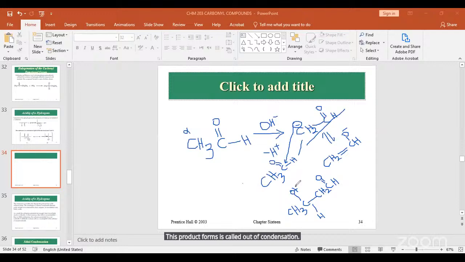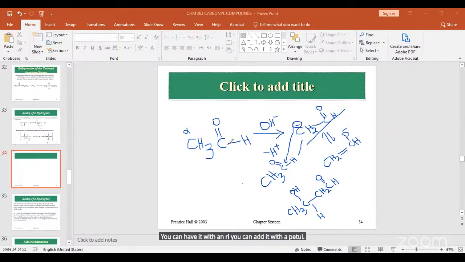You can see that two molecules of ethanal have combined together to form the aldol. You can have it with an aldehyde, you can have it with a ketone.